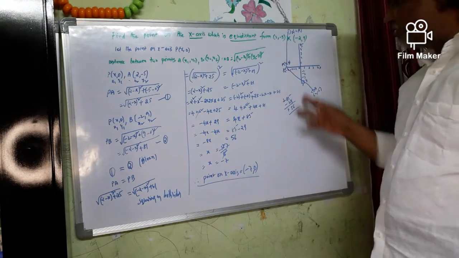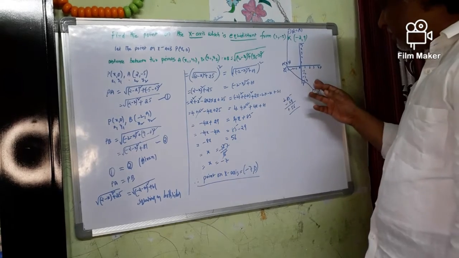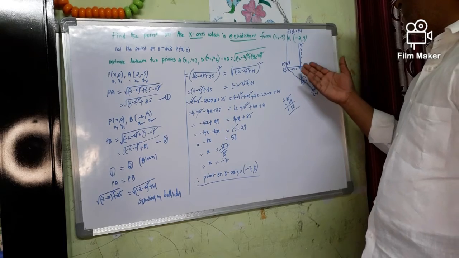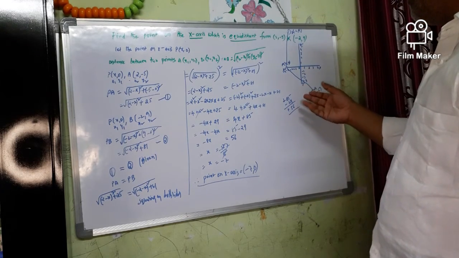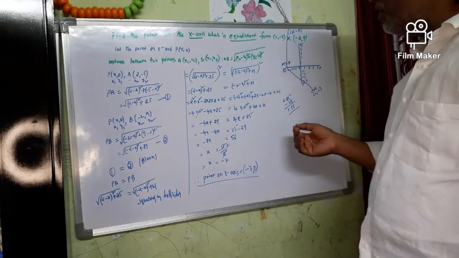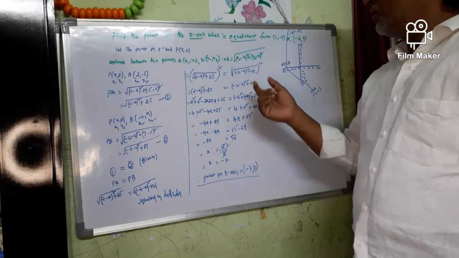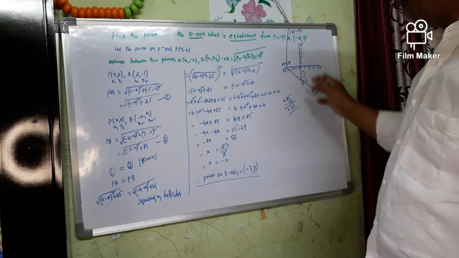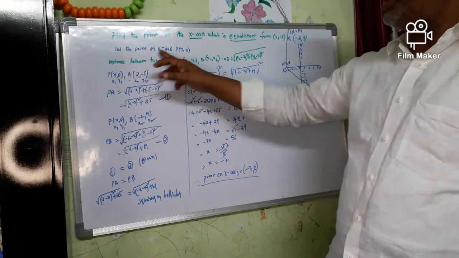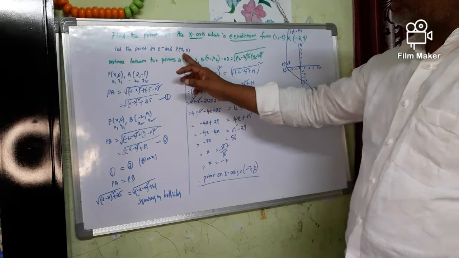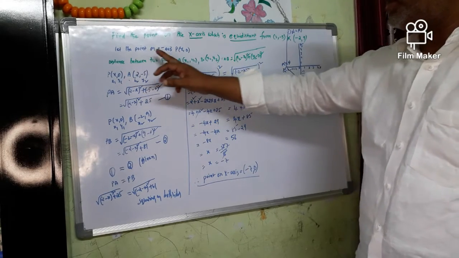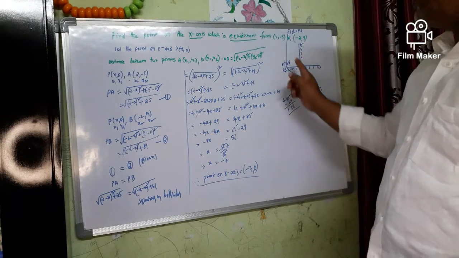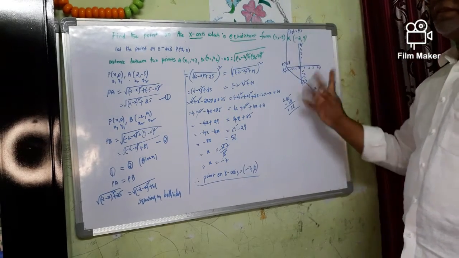So first you draw the coordinate plane, x-axis, y-axis, horizontal and vertical, and mark the values. Now put the points P, A, B. Let the point on the x-axis be P (x, 0). The other two points are located there.